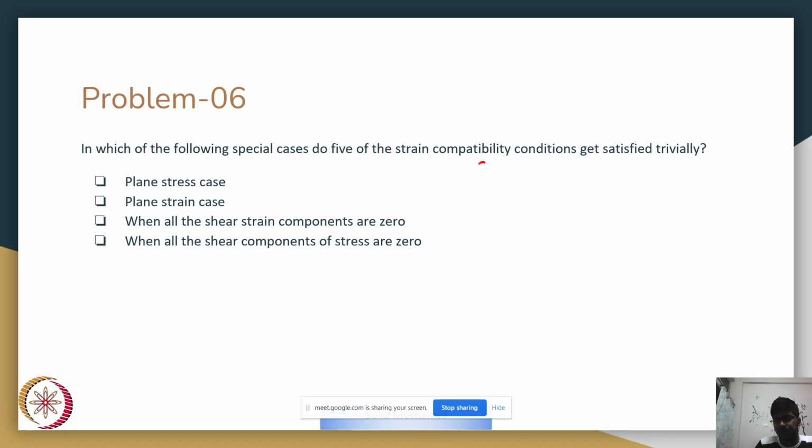So we start off with, say, the strain tensor, and we know that this is a 3 cross 3 symmetric matrix, right? Which means that it should have a total of 6 independent components, 3 diagonal ones and 3 off diagonal ones.